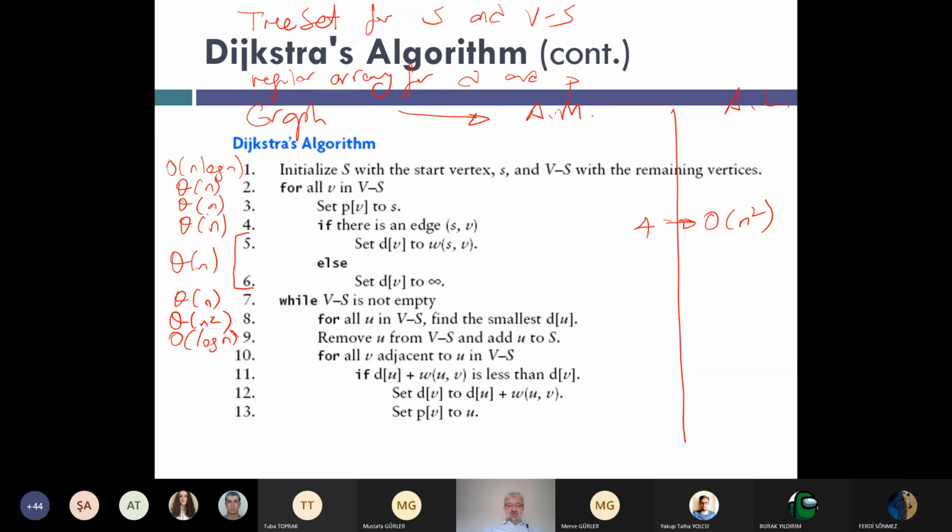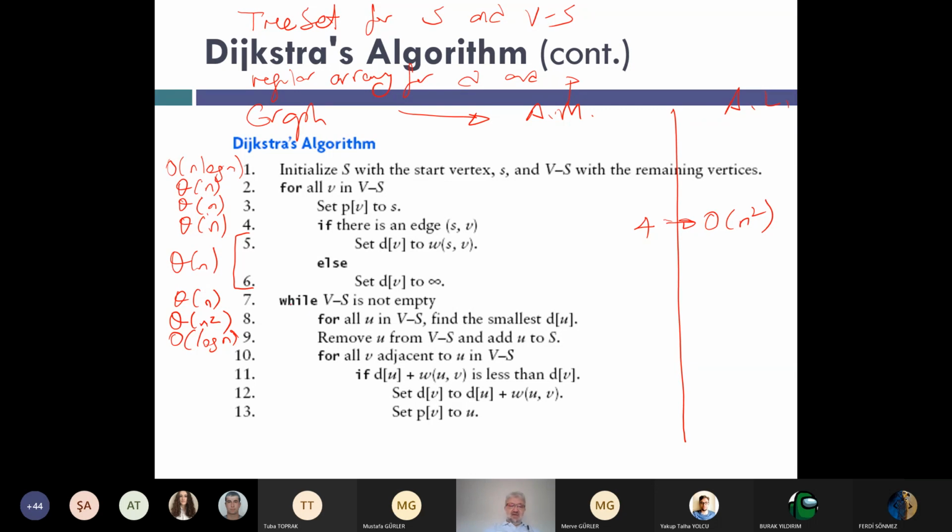So we come to the 10th line, 10th step. Now we have to find the adjacent vertices of u. We have to find adjacent vertices of u, and finding the vertices that are adjacent to u will take different times for adjacency list and adjacency matrix.